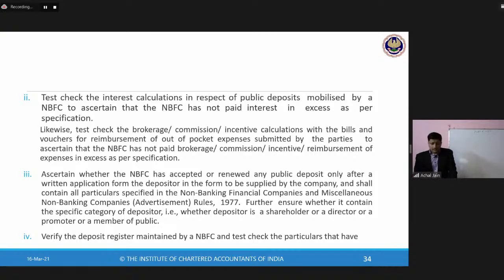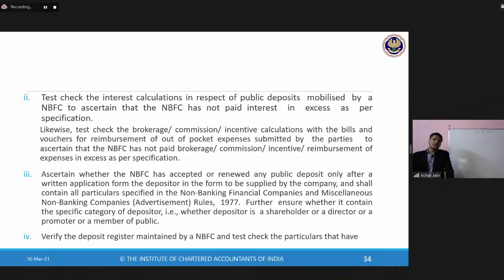Another area for an NBFC which can be considered important is compliance with various rules and regulations. This is something which we have talked about quite a lot. Compliance of rules and regulations is a very, very significant component for an NBFC.